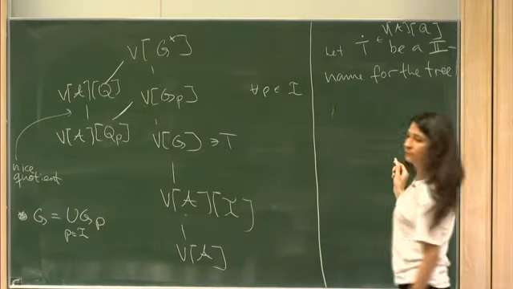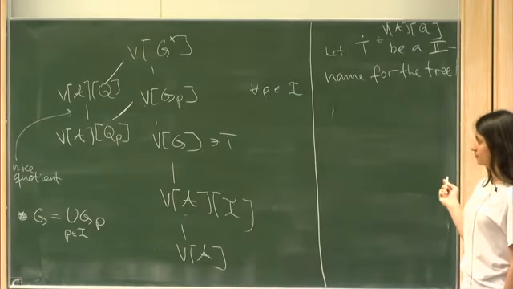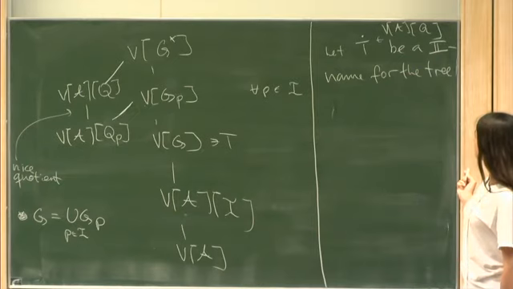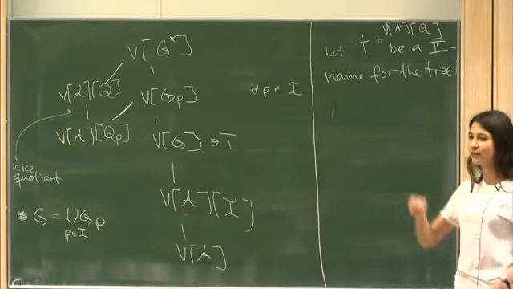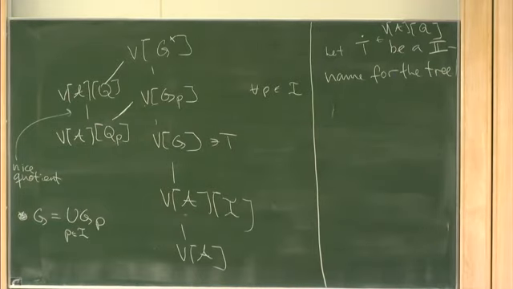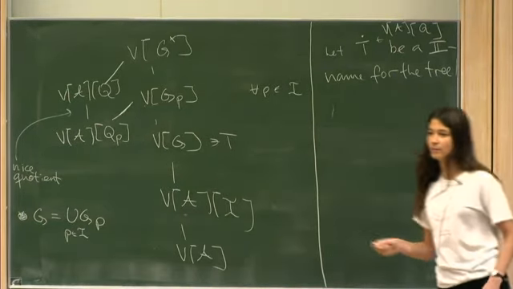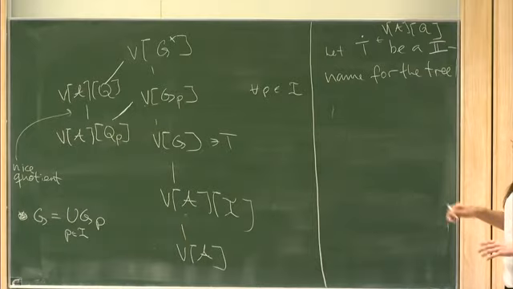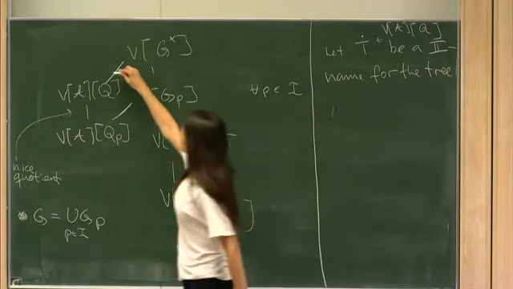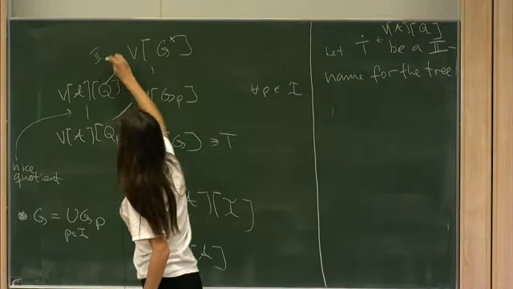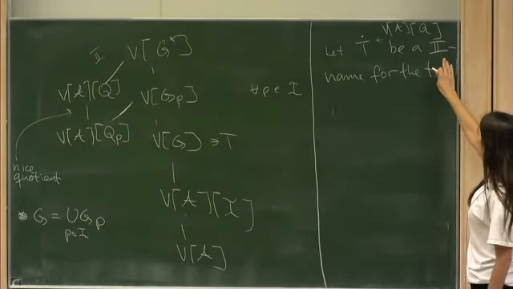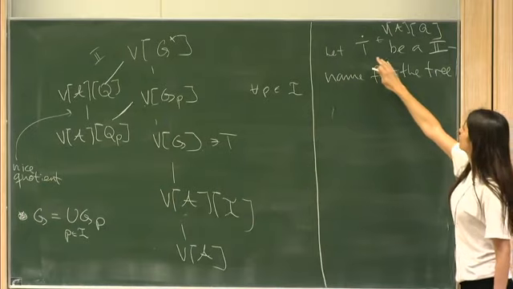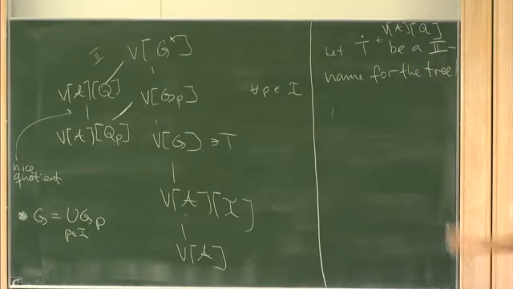Sorry, Dima, when you write V of A, you mean generic for A? Yes, script A is generic for math BBA. And script I is generic for math BBA. Okay, so now that this forcing extension is just by the Prikry I, I can first take an I name for the tree where the name is defined in V[A][Q].